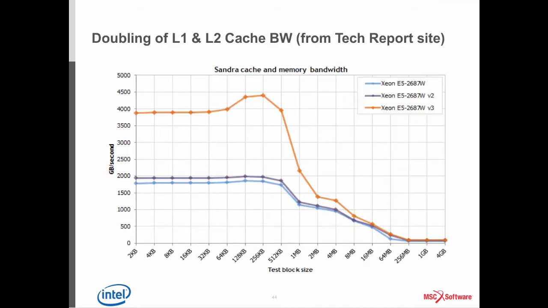And then, of course, if you want to try not to use your main memory as much as possible, you want to use your L1 and L2 caches as much as possible when you write software.